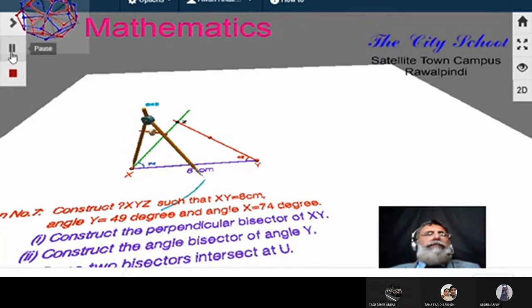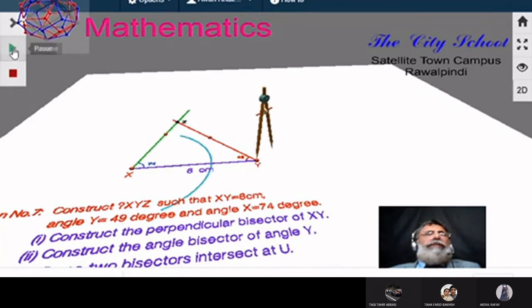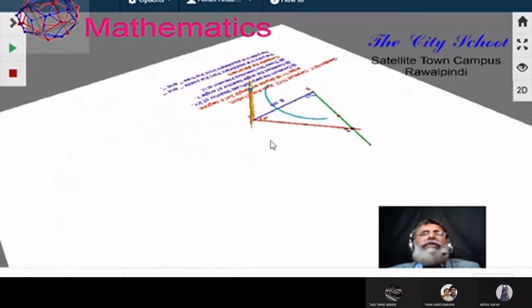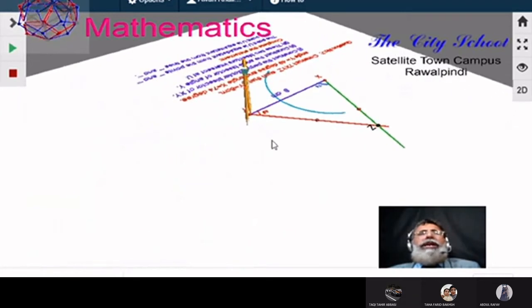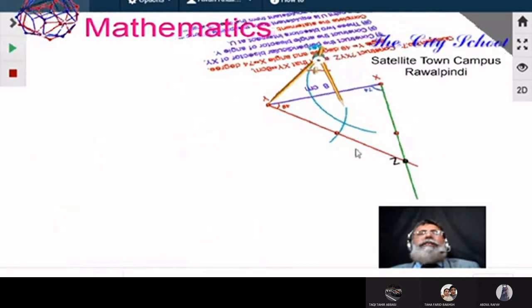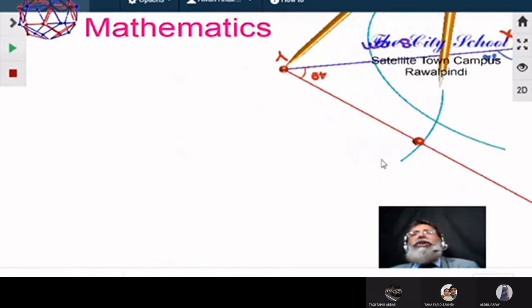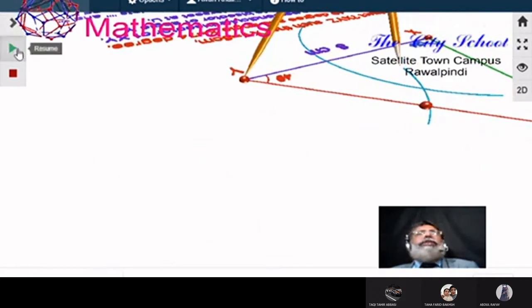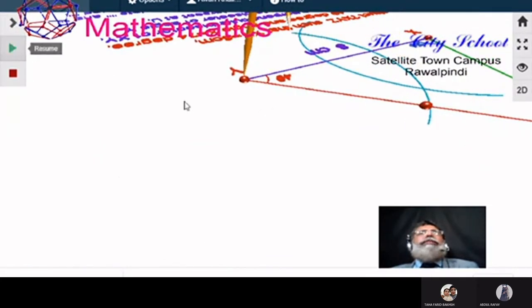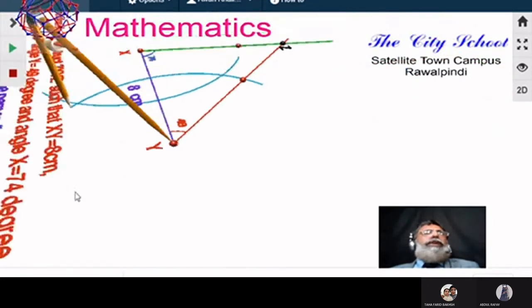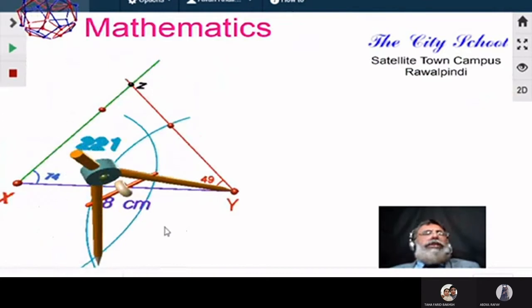We are marking an arc from one side from X, and using the same radius we'll be drawing an arc from Y, which is intersecting the previous arc at one point as well as at a second point. You can see here we are drawing the second arc.